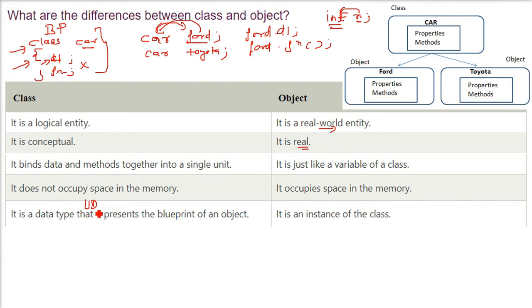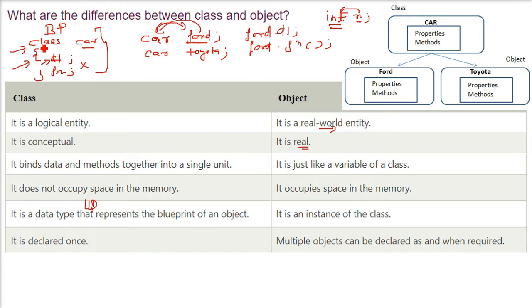Please remember that it is just giving a blueprint or a template for an object to be made. So you cannot call it a data structure class. You cannot call it any other kind of data type. It is a simple user defined data type. But the object is the actual instance of the class.